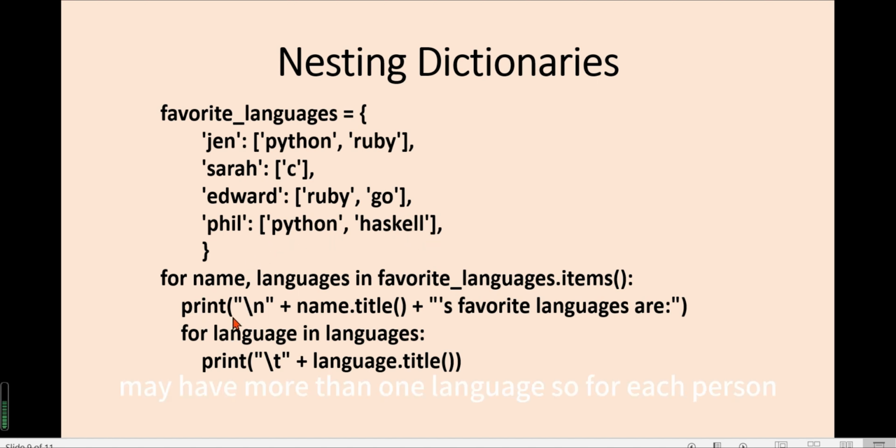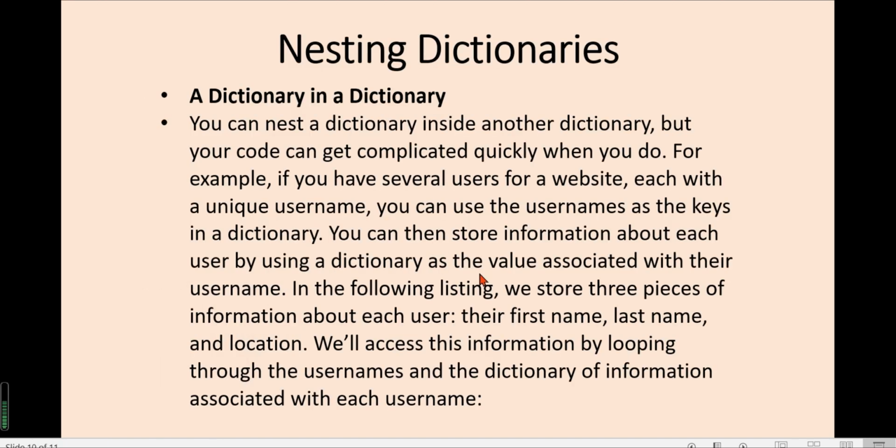So for each person, print the name's title, then we'll print each favorite language for this person, for language in languages. So these languages are the values from this list.